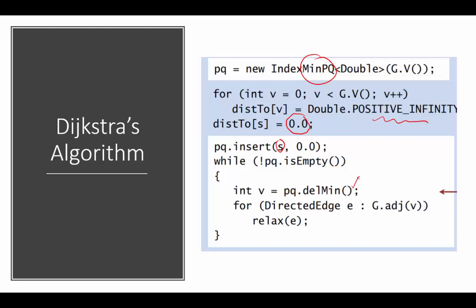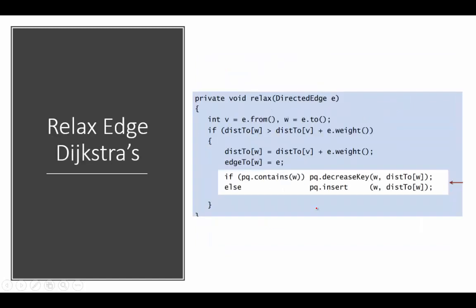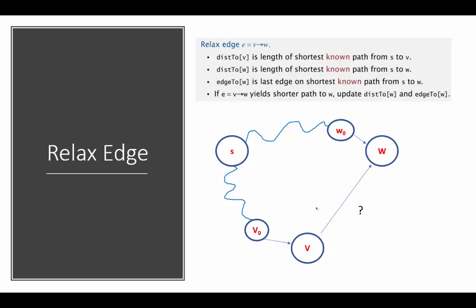You delete the minimum, and then you find all the adjacent edges, the adjacent vertices to that vertex v, and then you relax the edge. What do we mean by relax the edge? Suppose we already have some distance to w.